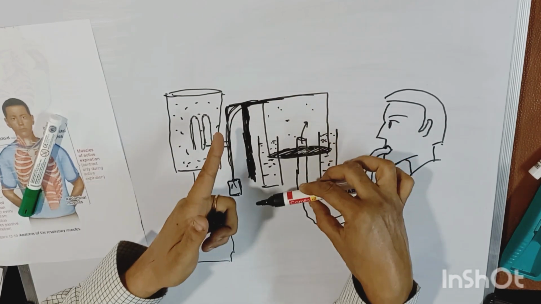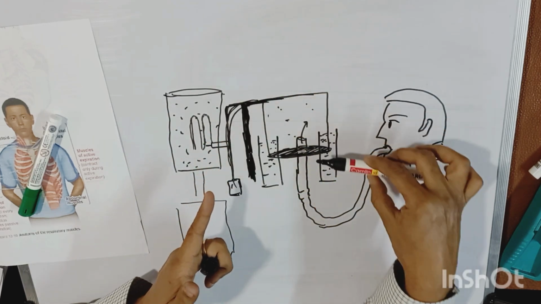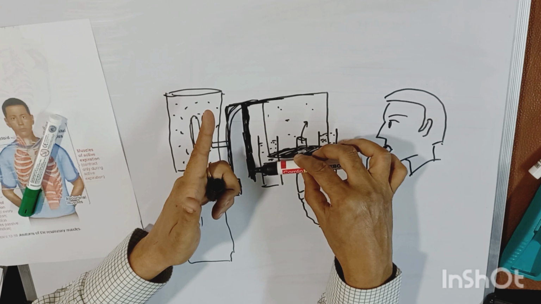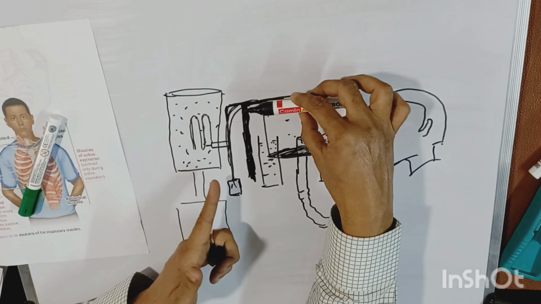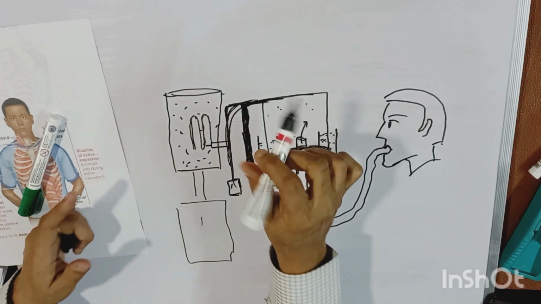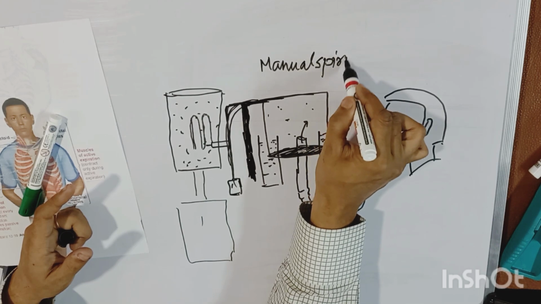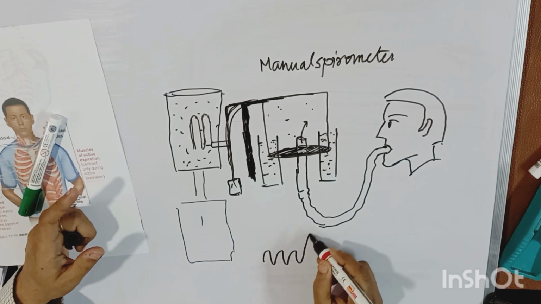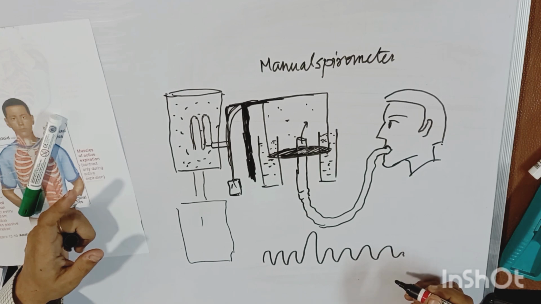When you are inspiring from this drum, the drum goes below, the line is up. When you are expiring, the drum is going up, and the line is going down. So this is the basic arrangement of a manual spirometer, from where you get these curves of respiration. Thank you.